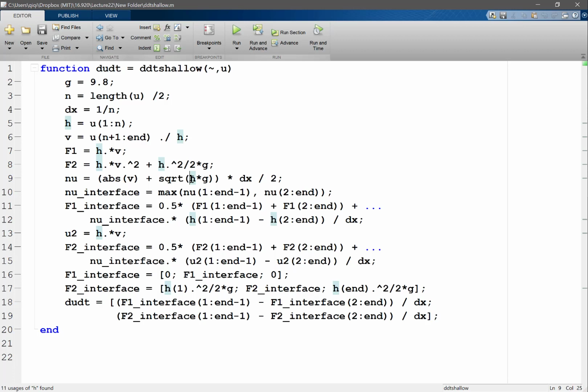And v is the same as this, which is u. See any differences?